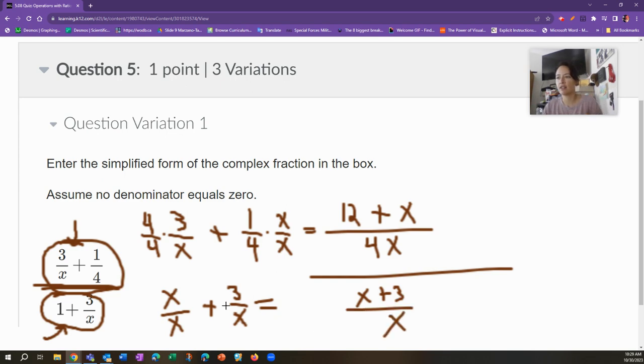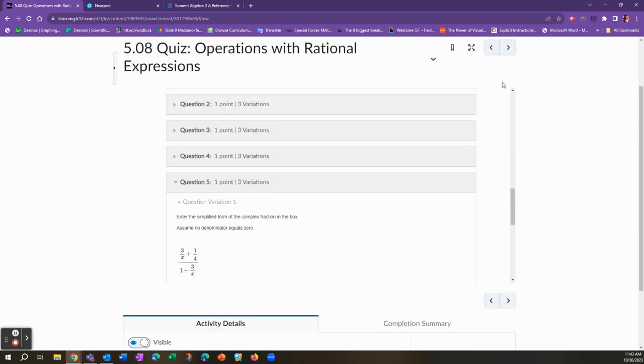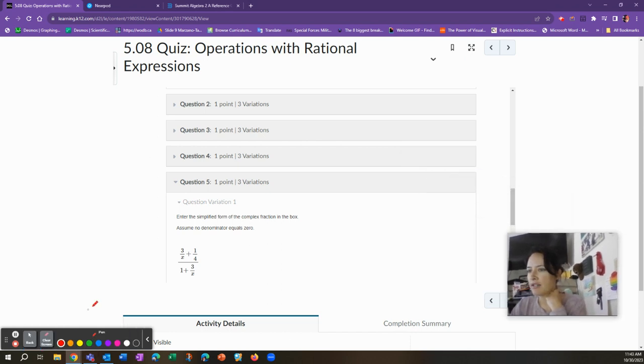I'm going to pause here. Okay, so we got to this point where we made the numerator 3 over x times 4 over 4 plus x over x times 1/4, right? That's what we did. I'm sorry for repeating.